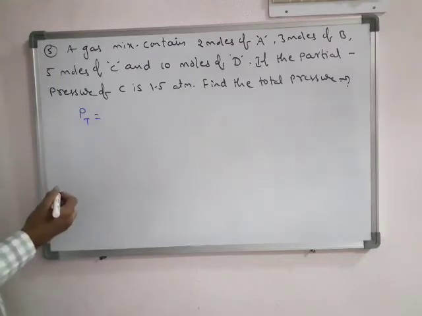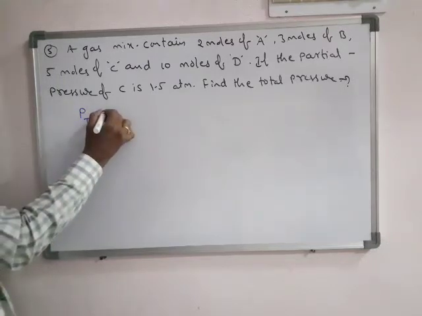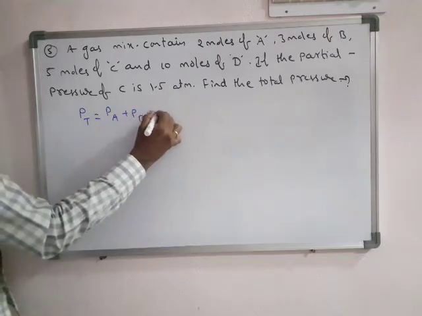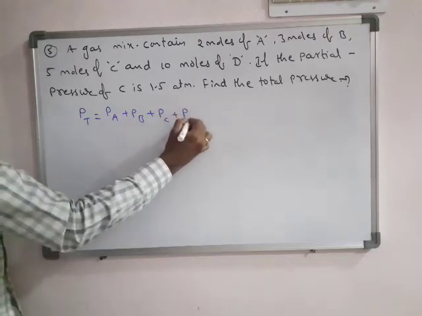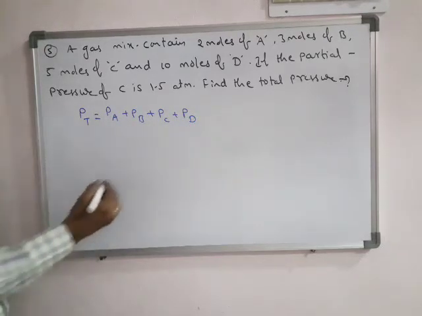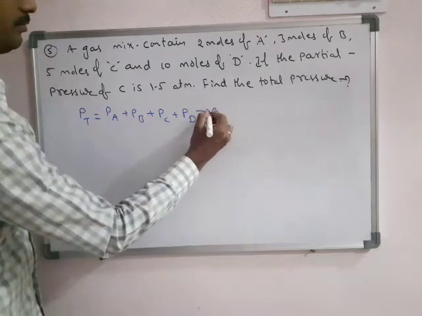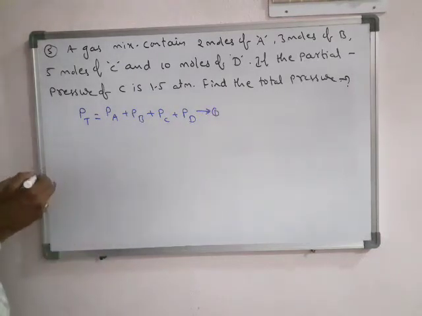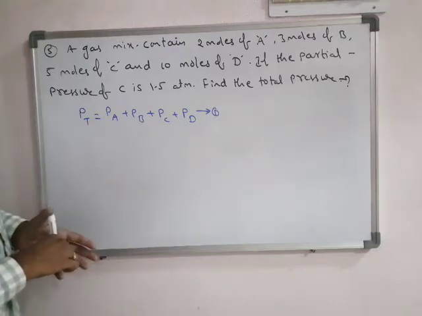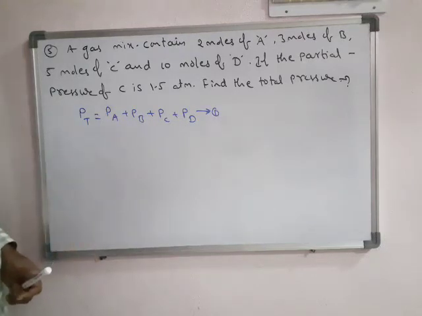The total pressure we can write as pressure of A, pressure of B, pressure of C, and pressure of D. Say it is equation 1. Only the partial pressure of C is given, and we need to find out the total pressure.